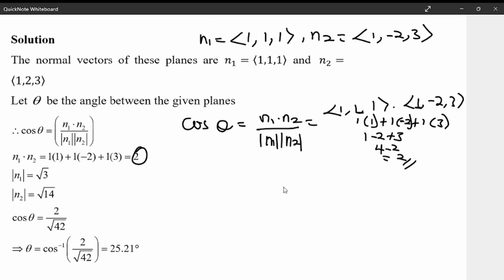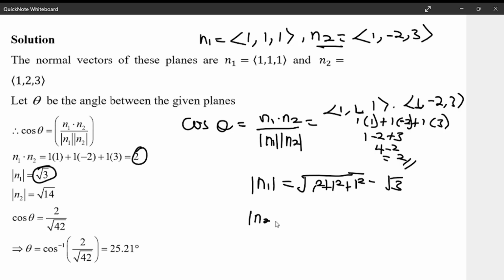Now we find the magnitude of n1. The magnitude of n1 is equal to the root of 1 squared plus 1 squared plus 1 squared, and that gives us root 3. For the second one, the magnitude of n2 is the root of 1 squared plus negative 2 squared plus 3 squared, and that gives us root 14.